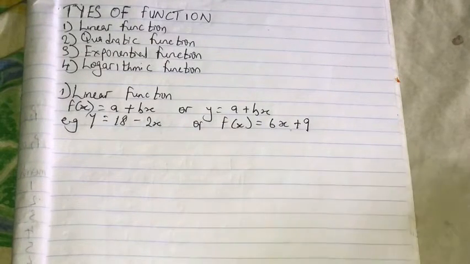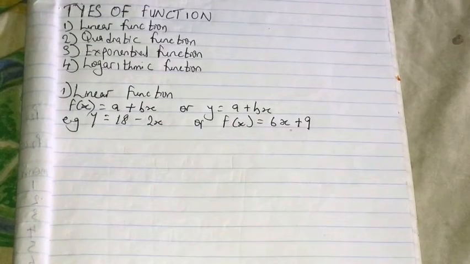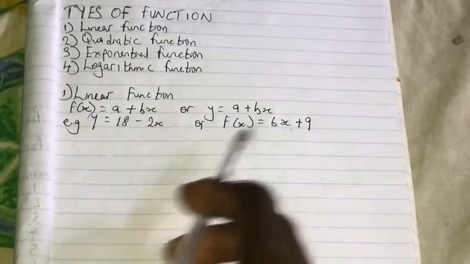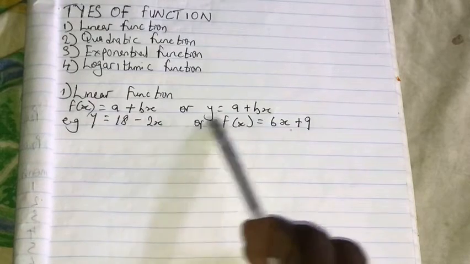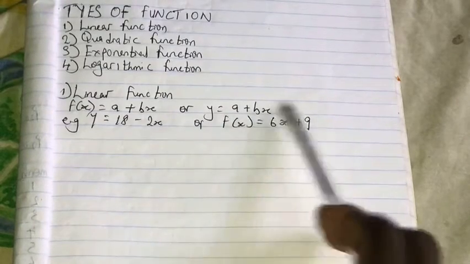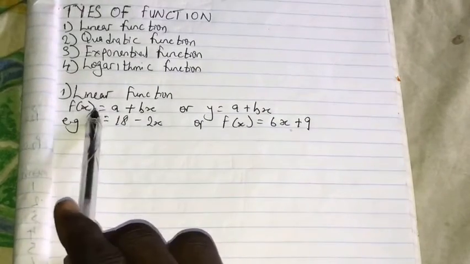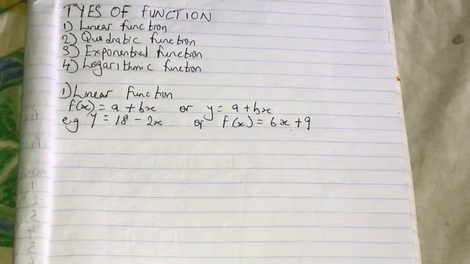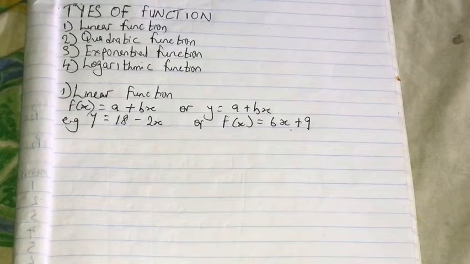Once it exceeds 1, it is no more a linear function. For example, y = 18 - 2x is an example. You can notice the highest power of x here is 1. For the format, a and b are constants, and the power of the variable is always 1. So that's that about linear function.